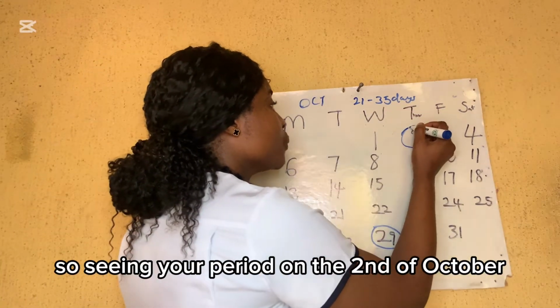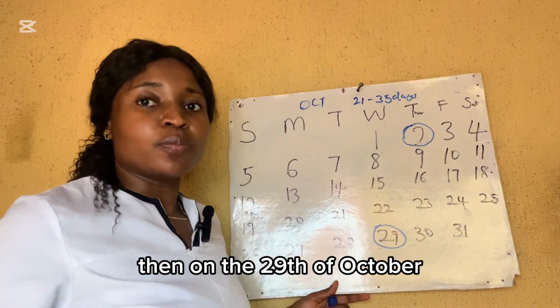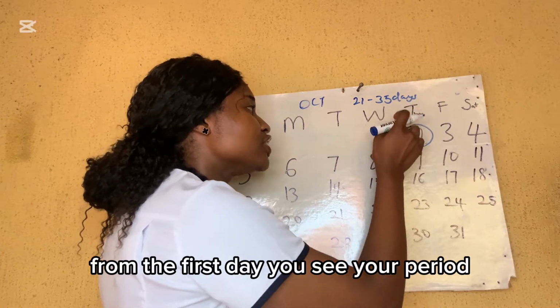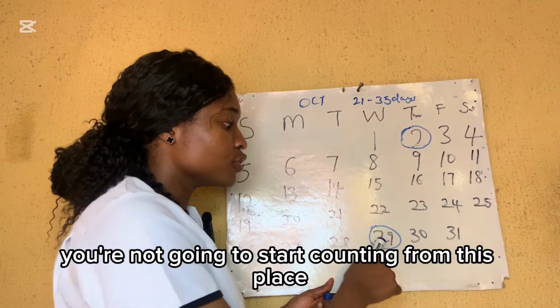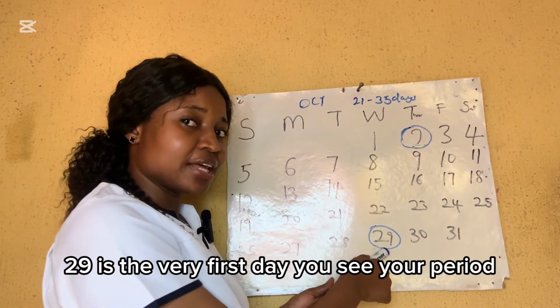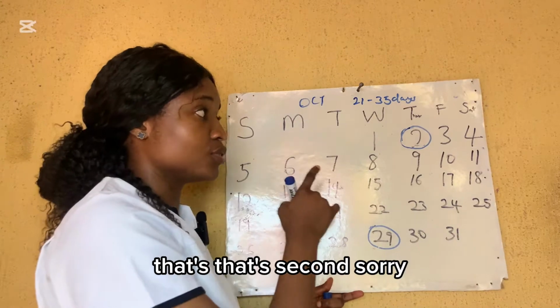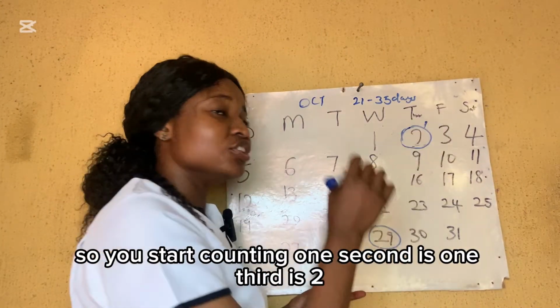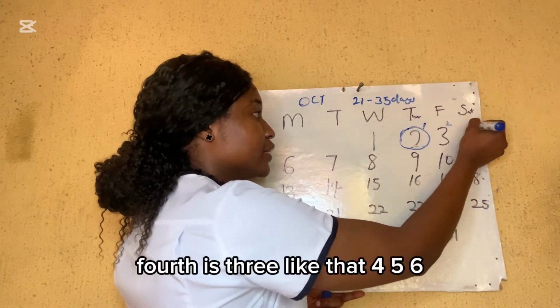So seeing your period on the 2nd of October, then on the 29th of October, we are going to start counting from the first day you see your period. That is the 2nd of October. You are not going to start counting from 29. It's the very first day you see your period. So you start counting: 2nd is 1, 3rd is 2, 4th is 3.